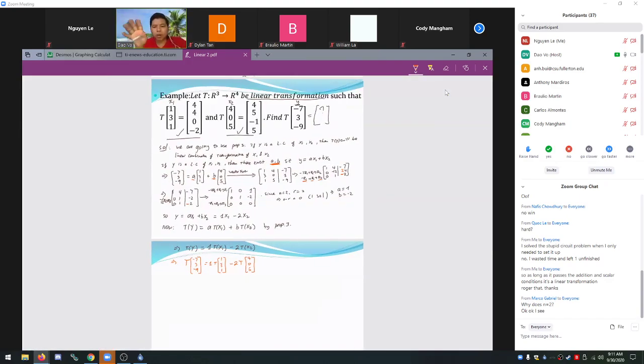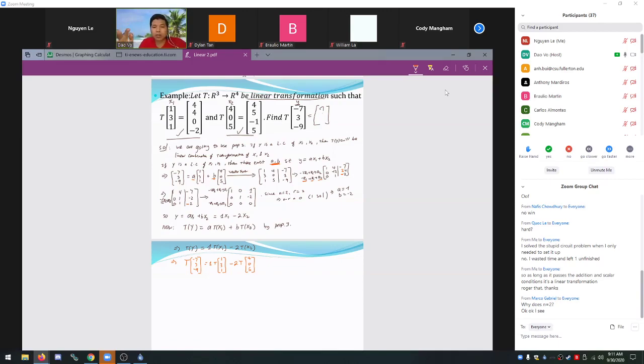Okay, so let me walk you guys through the picture again. We don't have a formula for that transformation, therefore we cannot evaluate directly. So we have to evaluate this indirectly by going through property number 3, which is the concept of linear combination. If we can express y as a linear combination of x1 and x2, then the transformation of y will also be the linear combination of the transformations of x1 and x2.